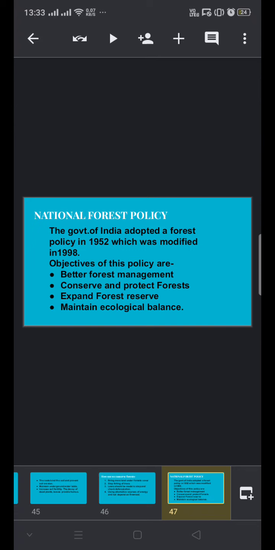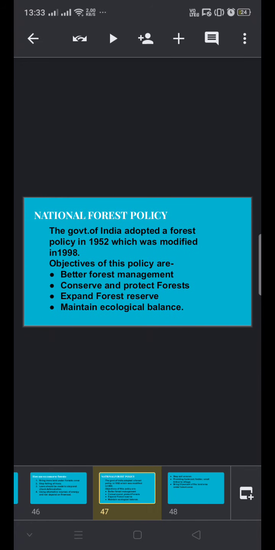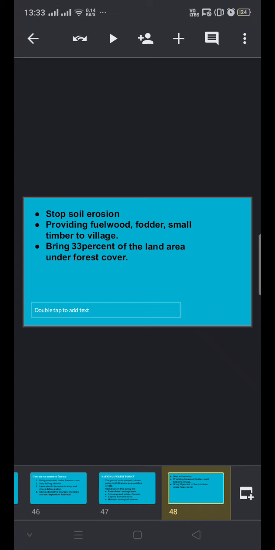Better forest management, conserve and protect forest, expand forest reserve, maintain ecological balance, then stop soil erosion, providing fuel wood, fodder, small timber to village people, and bring 33% of the land area under forest cover.